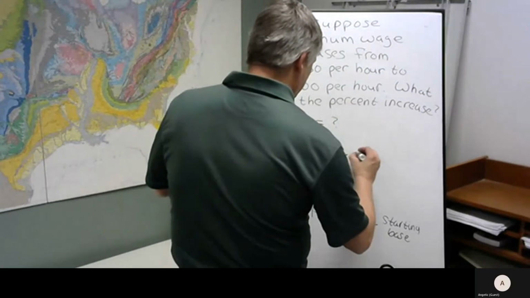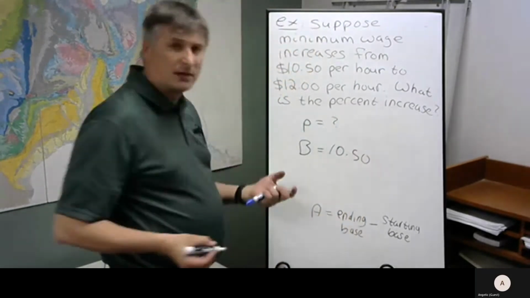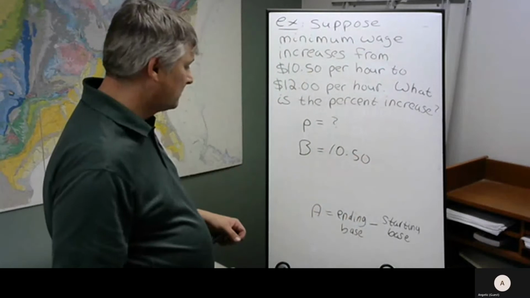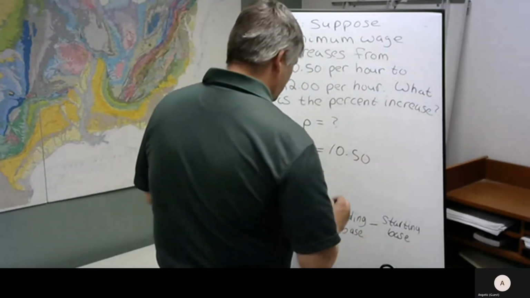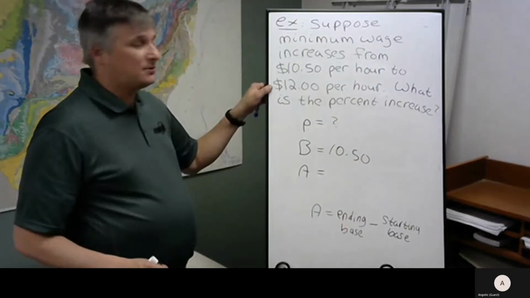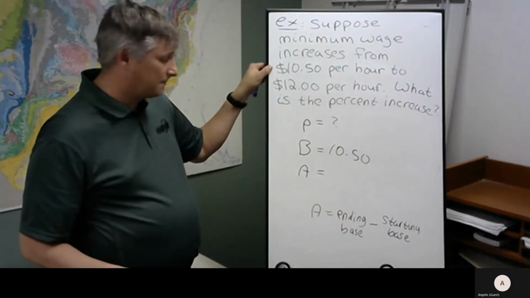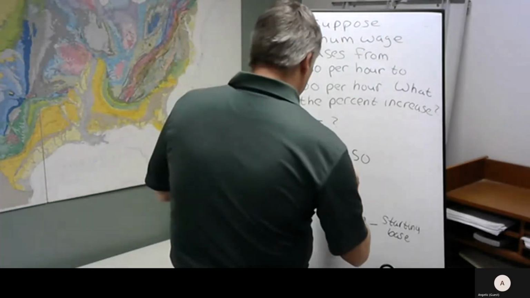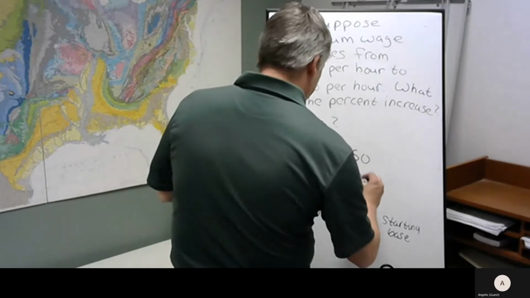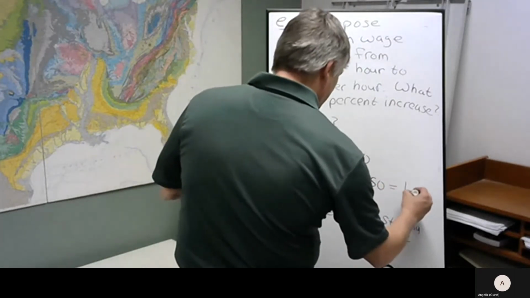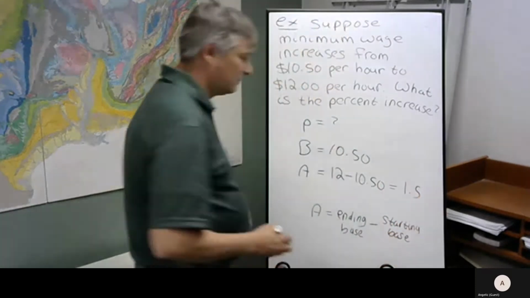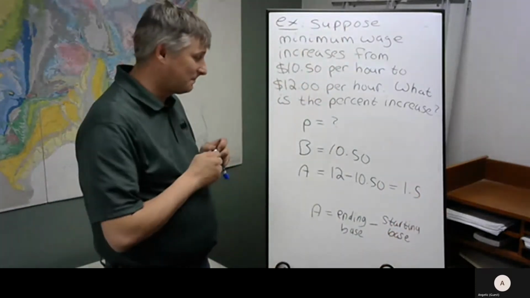So that's going to be 10.50 or 10.5. Then the amount, it's the ending base minus the starting base. So that's 12 minus 10.50 or 10.5. That's going to be 1.5.